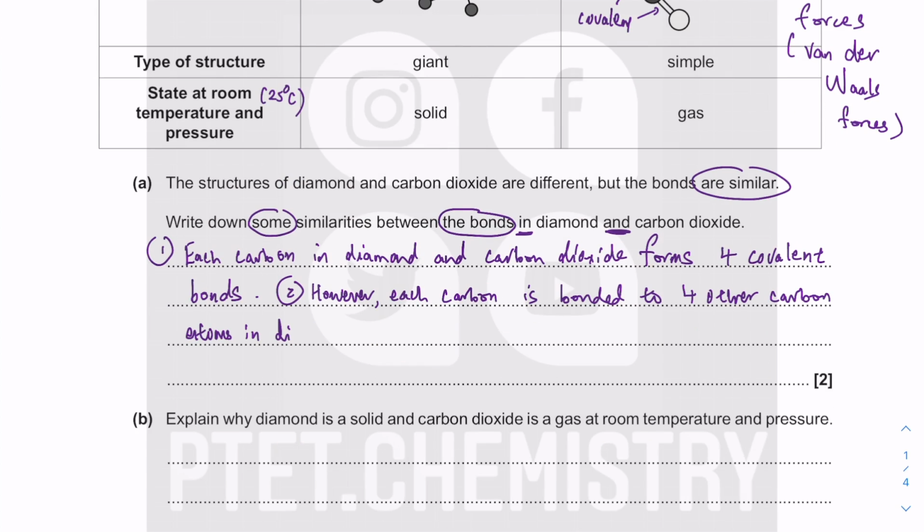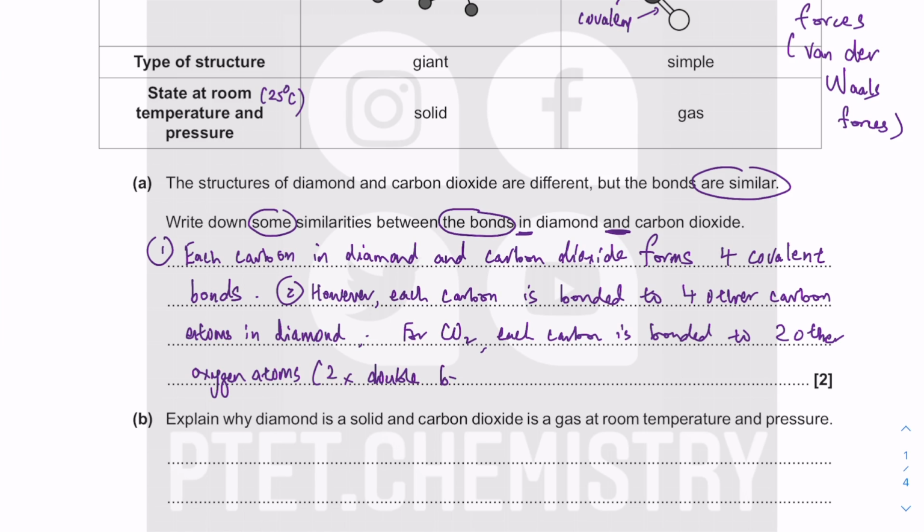For CO2, each carbon is bonded to 2 other oxygen atoms, 2 times double bond. I don't know what else are the same actually.